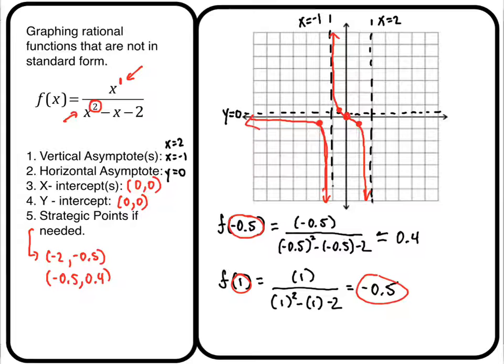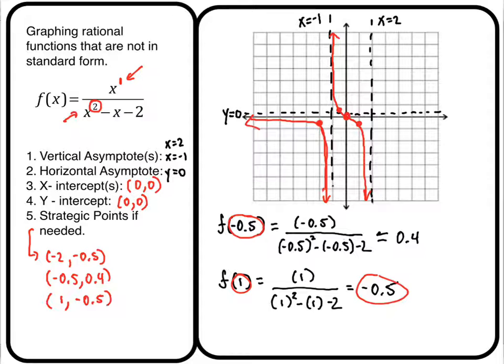And so almost done here. So I have a good prediction of where the graph exists in relationship to the asymptotes and the intercepts. And so just let me log this strategic point over here that I need.